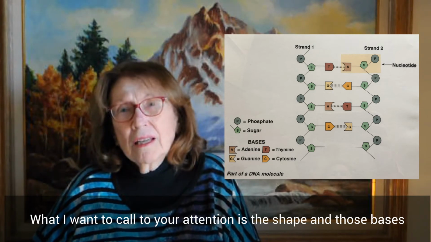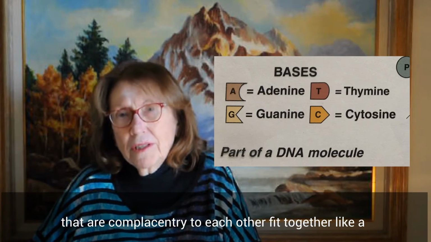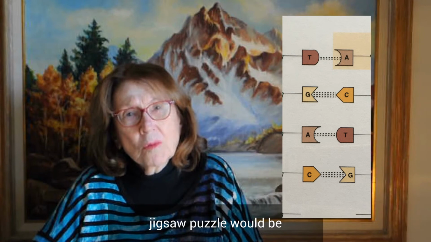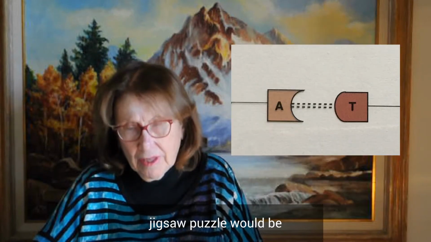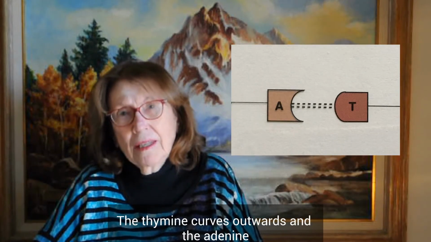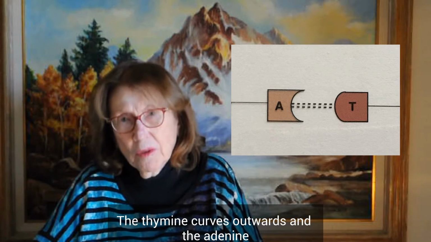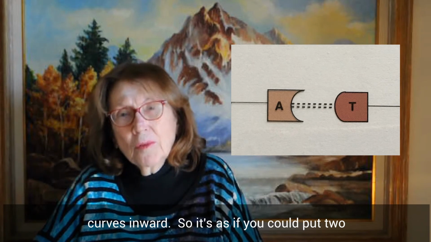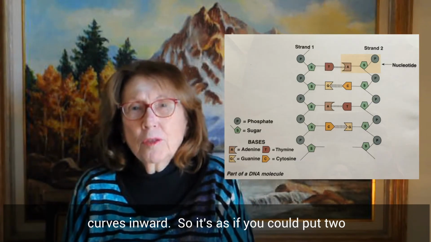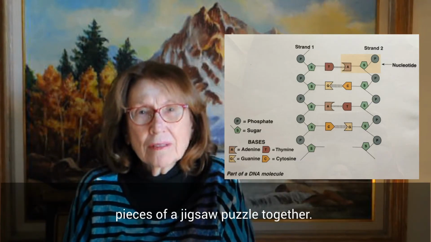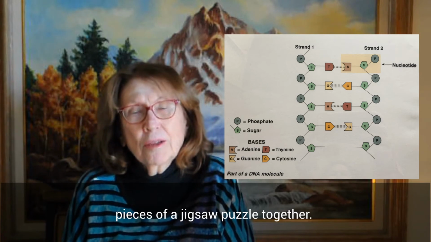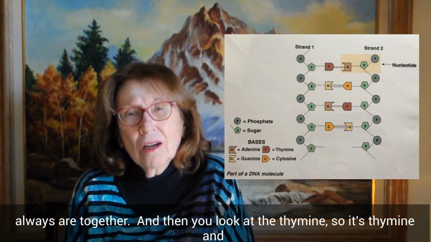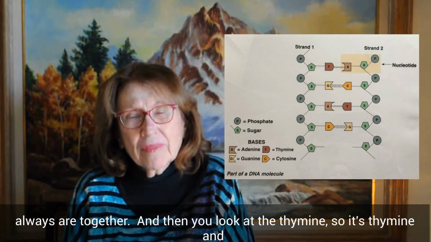And those bases that are complementary to each other fit together like a jigsaw puzzle would. The thymine curves outward and the adenine curves inward, as if you could put two pieces of a jigsaw puzzle together. And that's to communicate to you that those two always are together.